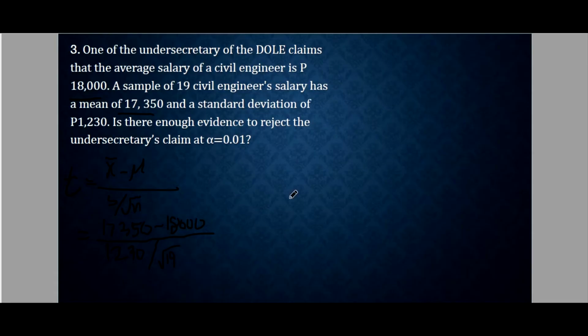You may use your calculator again. So the answer here is negative 2.303. Now let's examine for our decision.